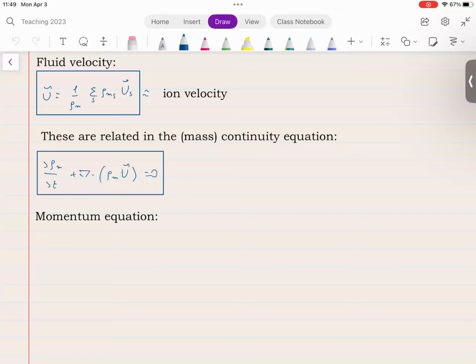And the way you do it is by summing over the species. We have seen this in our discussion of fluid models, but I point this out again quickly.